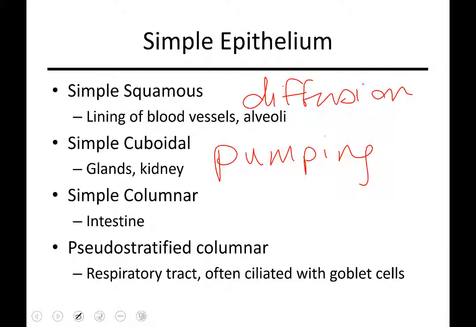The simple columnar epithelial tissue has kind of a double job because it's in the intestines. And in the intestines, our job is to absorb the food that we ate. So we eat food and we digest it, and it's breaking down. We want to be thin enough that we absorb stuff. So you think squamous.